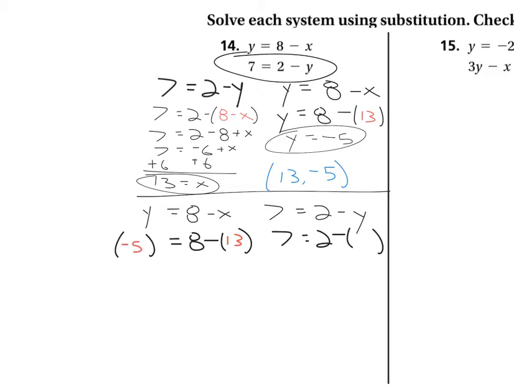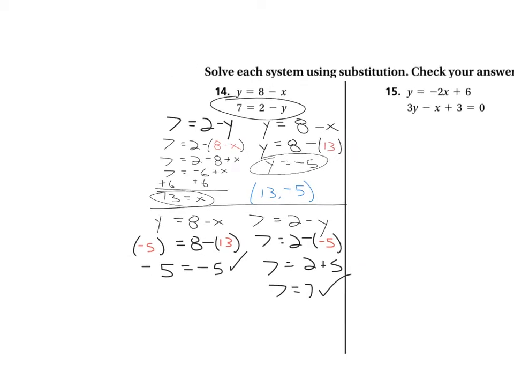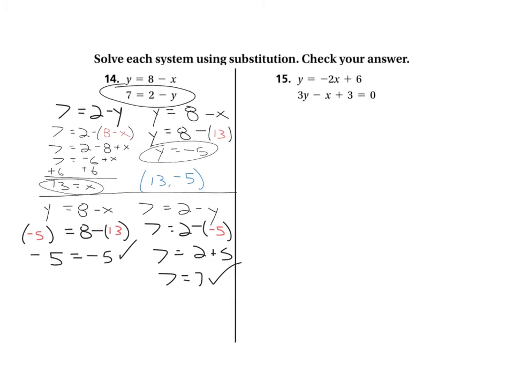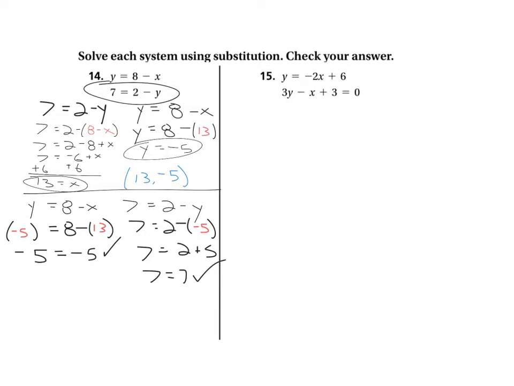We found out that y is negative 5. And if we simplify both of these, we get negative 5 equals, what is 8 minus 13? It's negative 5. Check. And 7 equals 2 minus negative 5, which is the same as 2 plus 5. So then 7 equals 7. Check. Nice.